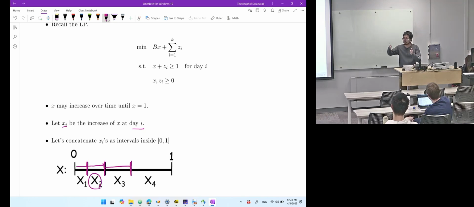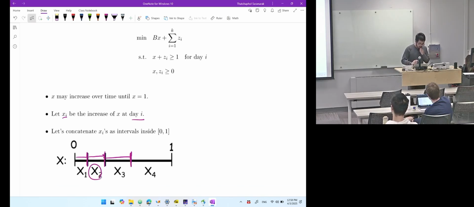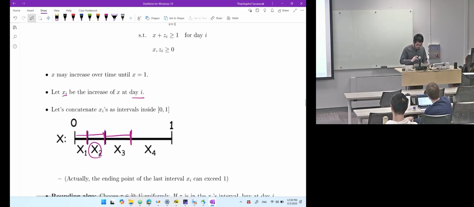So x keeps increasing, and the increase on day i is x_i. I'm just going to concentrate on the interval from 0 to 1.